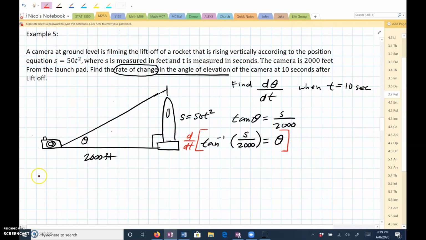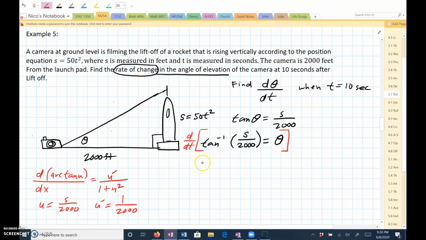We know that the derivative of arctangent of u with respect to x is u prime all over 1 plus u squared, where for my particular problem u is equal to s over 2,000, and u prime would be equal to 1 over 2,000, since the derivative of s is 1 and we have the constant 1 over 2,000.